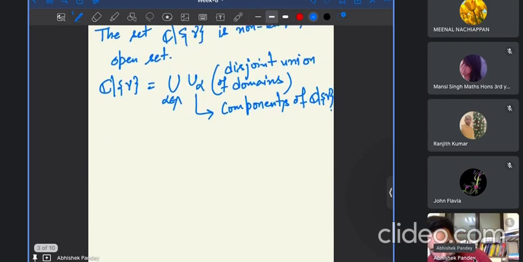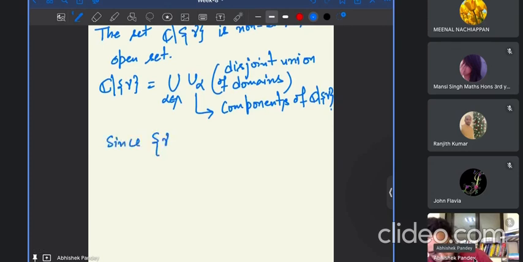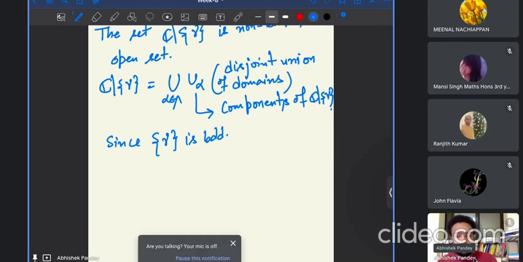Also, since this trajectory is bounded, C minus gamma has exactly one unbounded component.